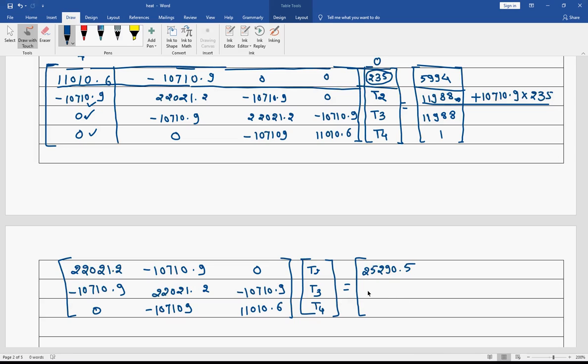Okay, then 11988. So why I have written 1 here? 5994. So this is my set of equations.